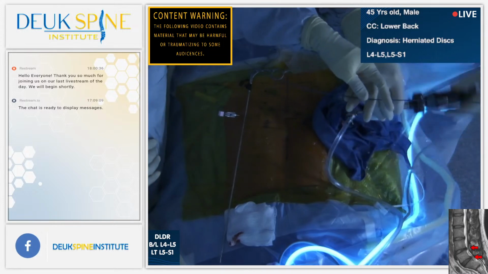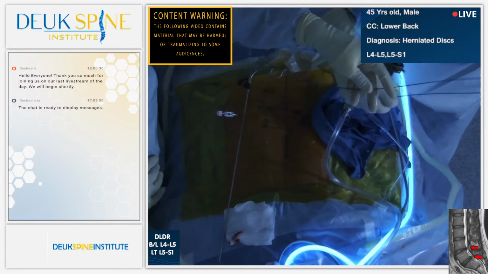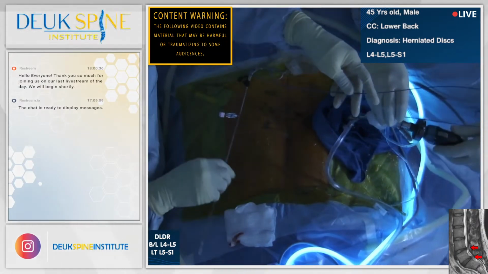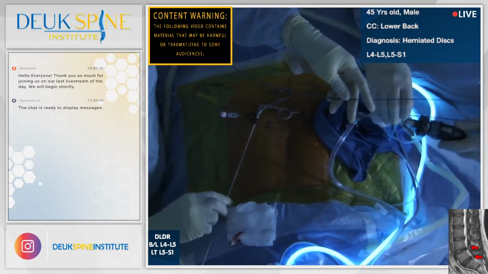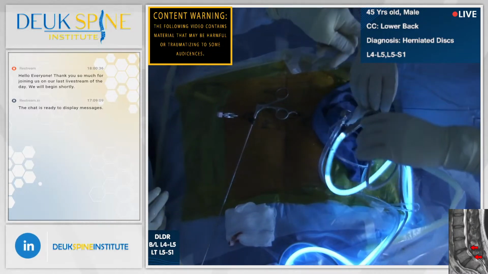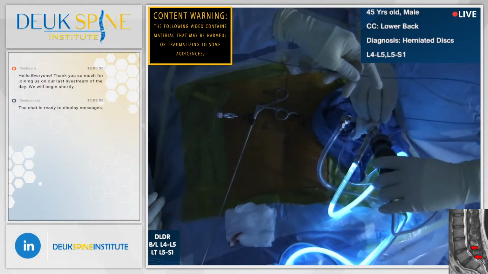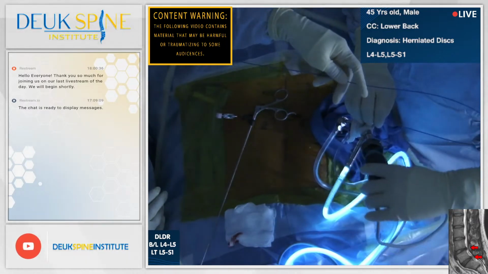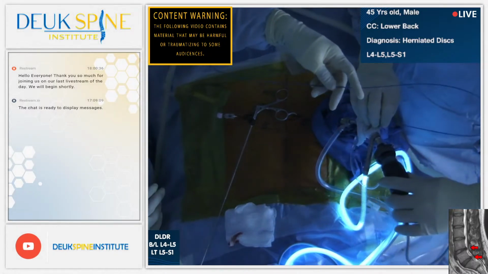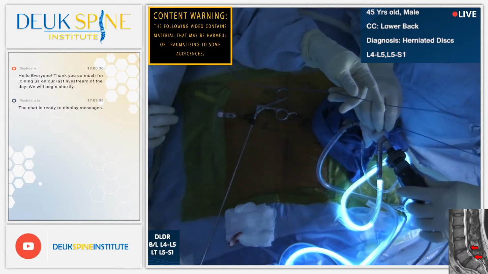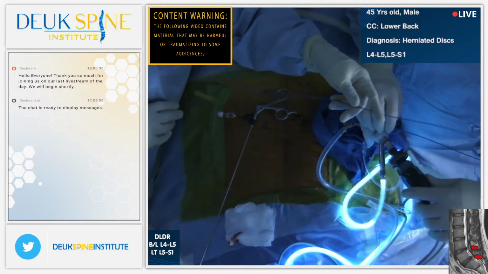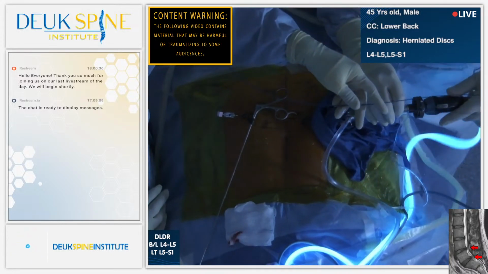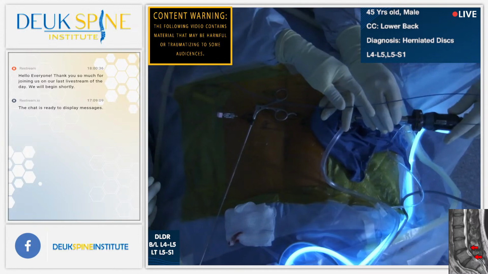What's becoming very popular right now is this uniportal UBE, bilateral endoscopic stuff they're doing over in Asia. It's supposed to make it easier for the surgeons, but I don't think you should make surgery easier for the surgeons.